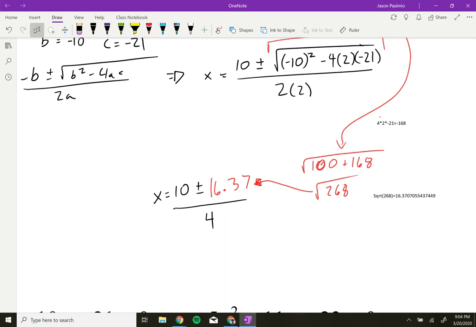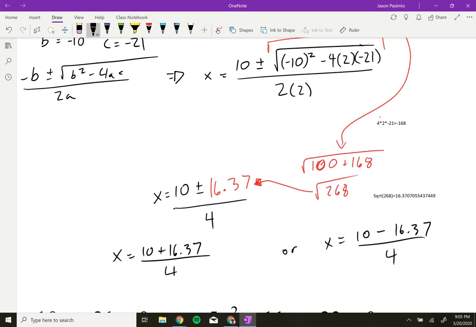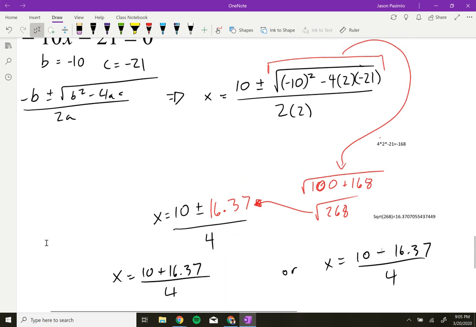Okay, so at this point, I can split that up into two problems. I've got x equals 10 plus 16.37 divided by 4, or x equals 10 minus 16.37 divided by 4. Then I can just type those into a calculator. 10 plus 16.37 divided by 4 is equal to 6.592.